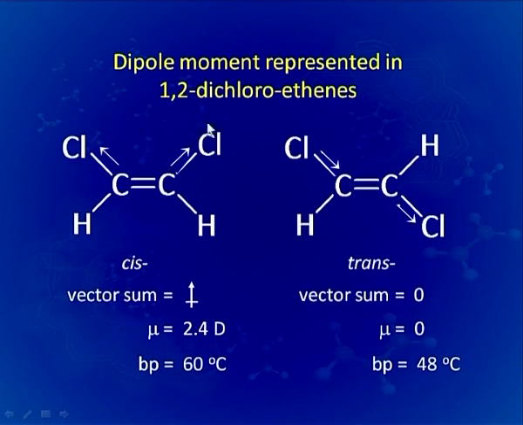Let us look at the dipole moments represented in 1,2-dichloroethenes. For cis-1,2-dichloroethene, we find that the dipole moment comes out to be 2.4 D, while in case of trans-1,2-dichloroethene, the two chlorines are trying to pull in opposite directions. Therefore, the vector sum comes out to be 0, and it gives it a lower boiling point as well.